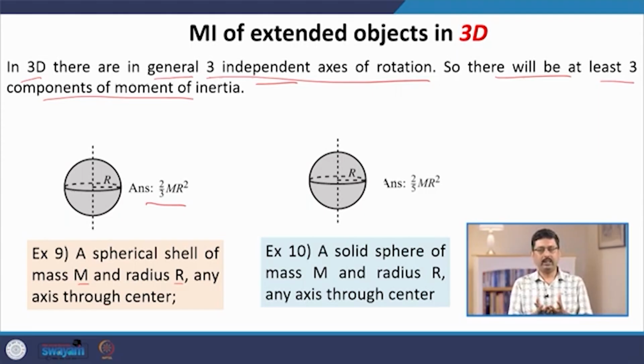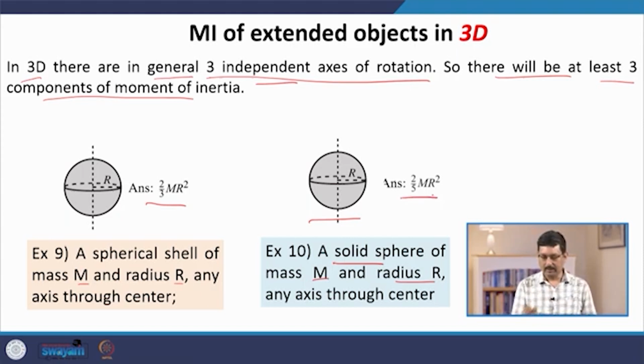And then we can also take another example, on the right side, where instead of an empty spherical shell, we take a solid sphere of mass m and radius r. Now the shape of the object is the same, but the sphere is filled, not empty.